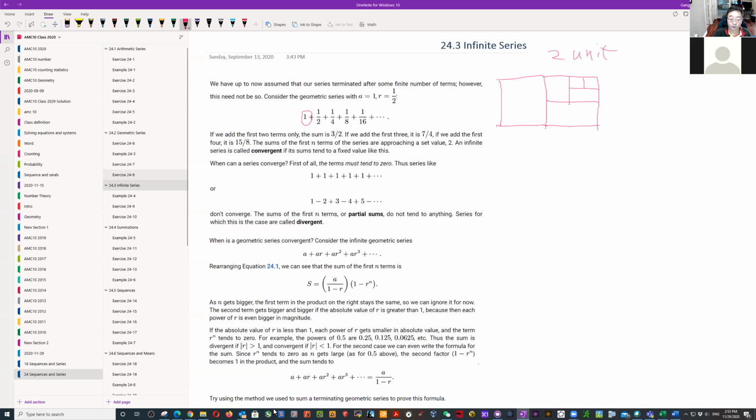In fact, the total of the whole thing will add up to 2. You will ask why? Because this converges, and geometrically speaking, you can see this will be limited by the big framework of 2 units.